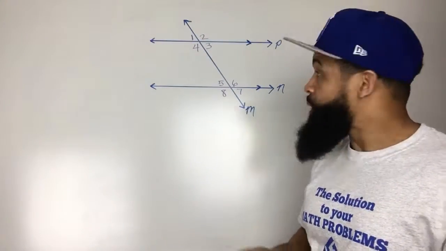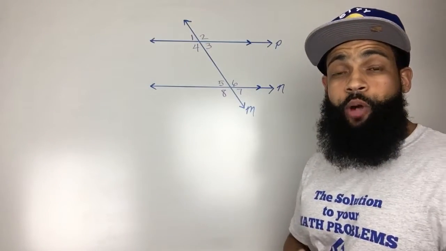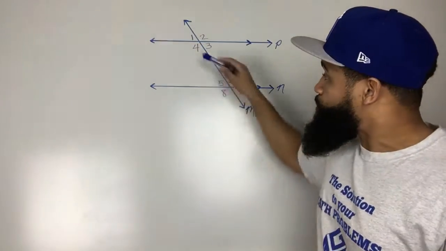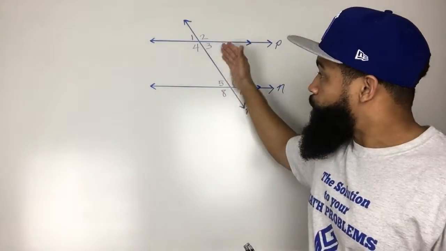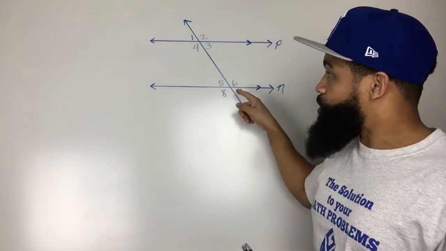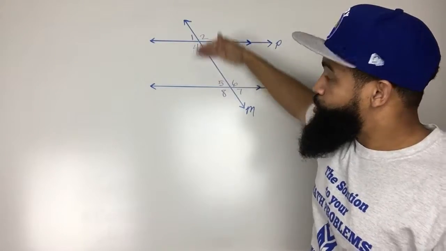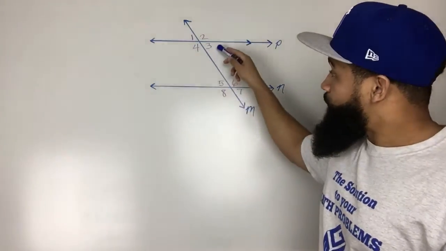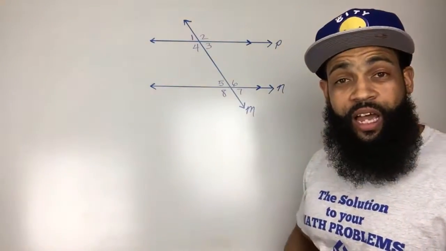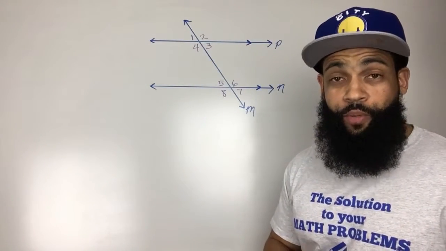So for example, in this particular diagram, our alternate interior angles would be angle 4 and angle 6. Notice they're on alternate sides of that transversal, and they're interior or on the inside of the set of parallel lines. As well as angle 3 and angle 5 would be alternate interior angles.